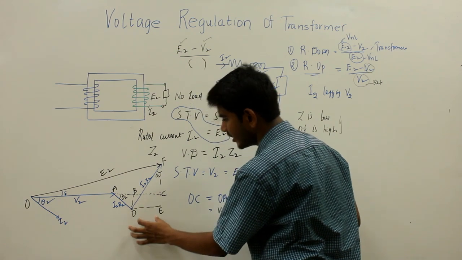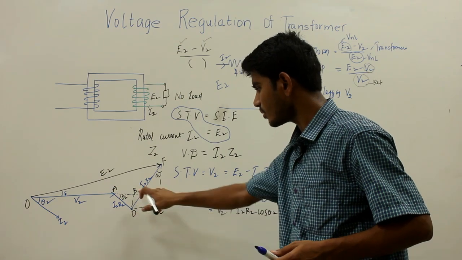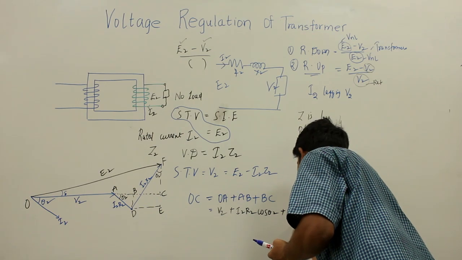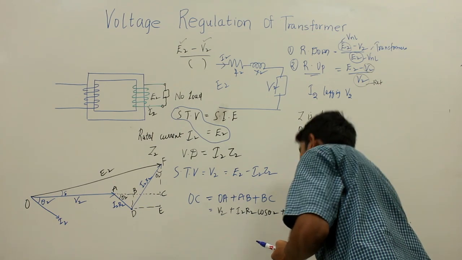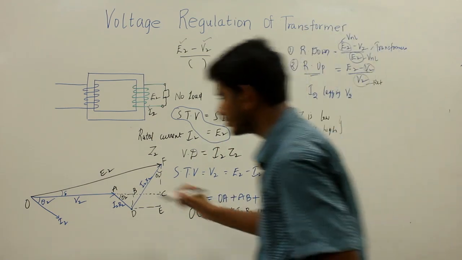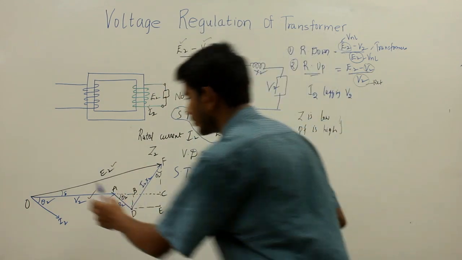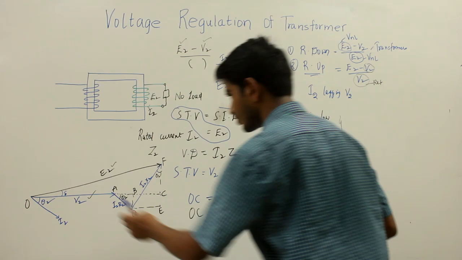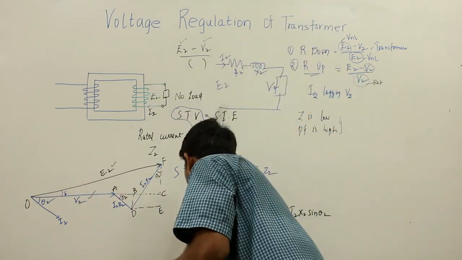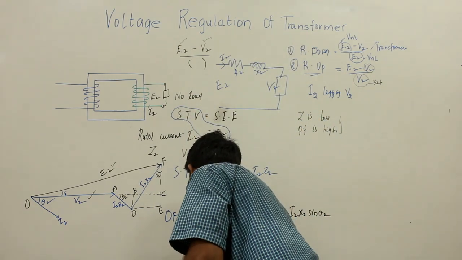Applying sin theta 2, I get DE or BC. So your BC will be equal to I2 X2 sin theta 2. So this is your OC, but in the transformer generally the angle between E2 and V2 is very small. So we consider OF to be equal to OC, which is nothing but E2.